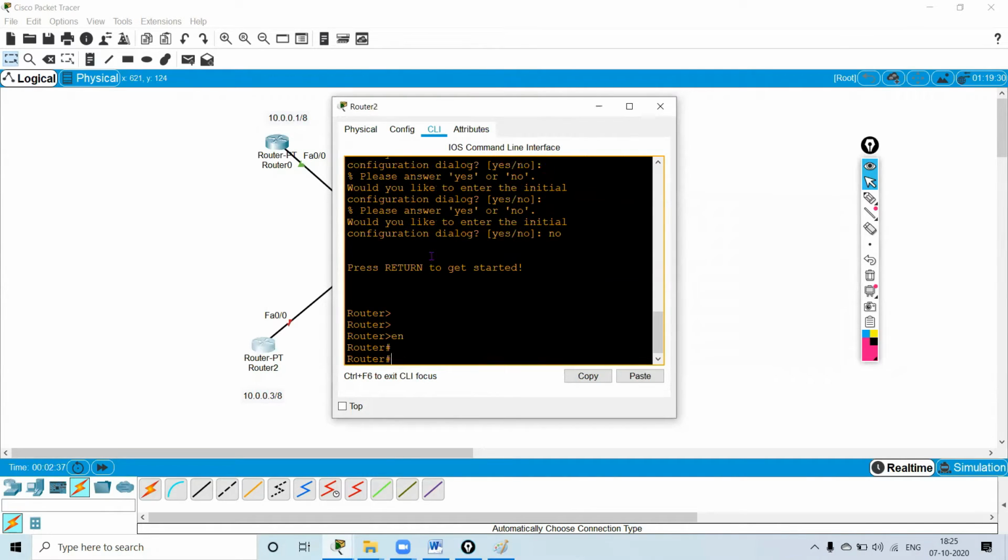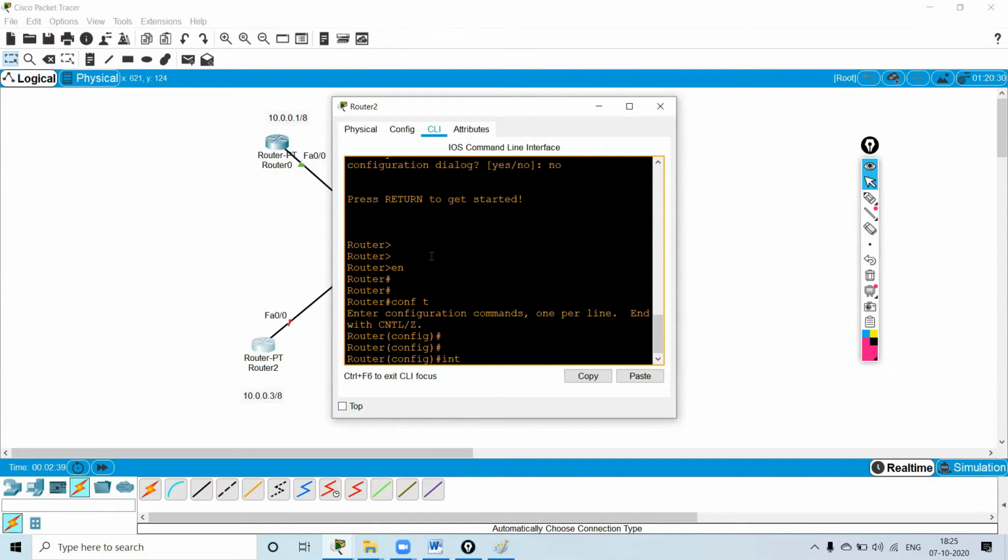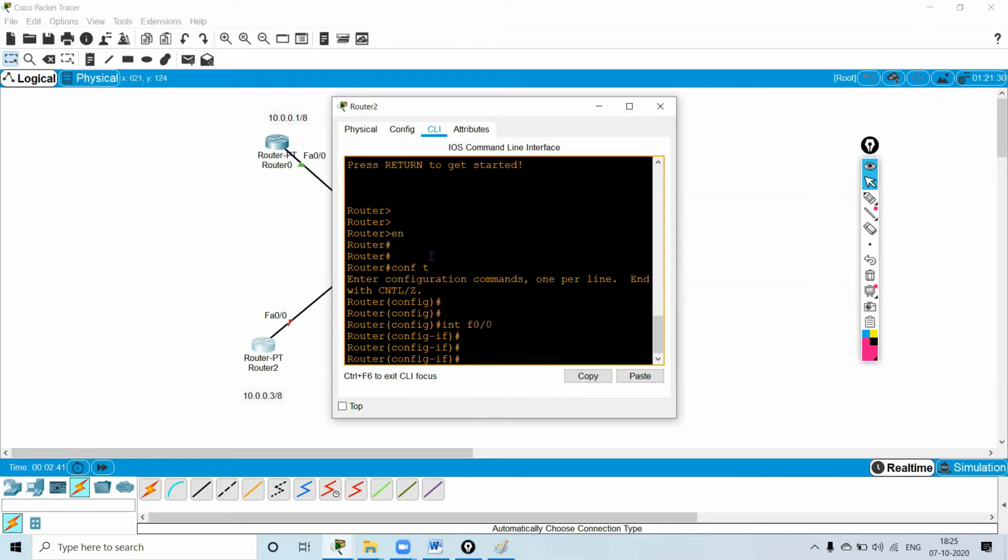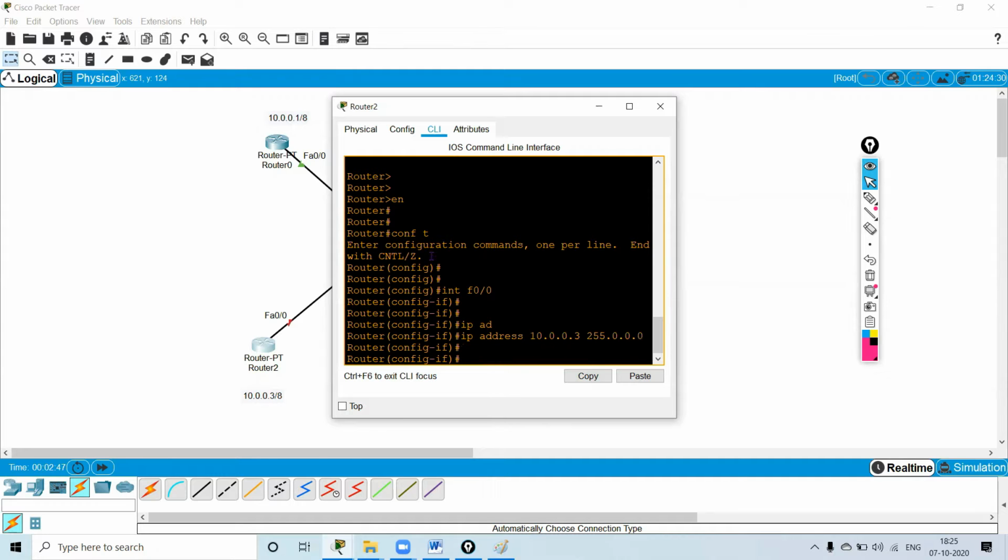Then enable, config terminal, interface FastEthernet 0/0, IP address 10.0.0.3 255.0.0.0.